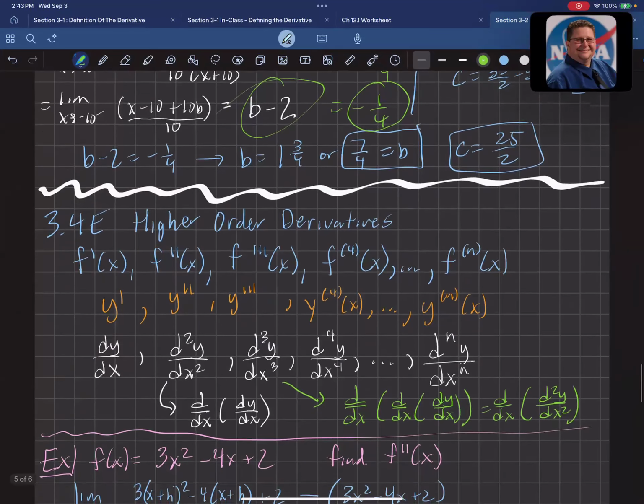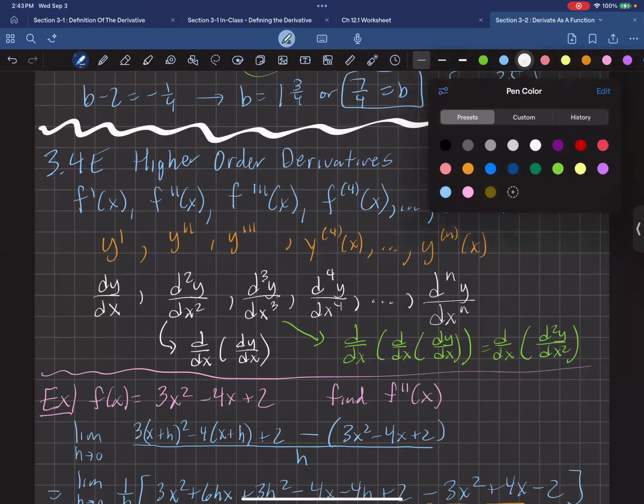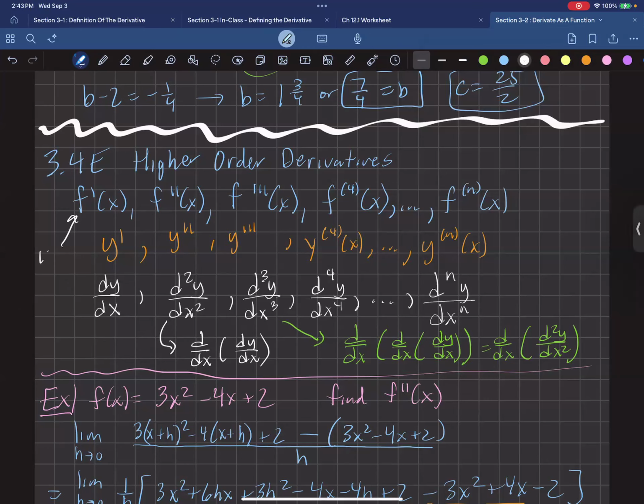So we also have higher order derivatives here. We've been taking the derivative, which is called the first derivative. But later ones, we have the second derivative, third derivative, and so on.